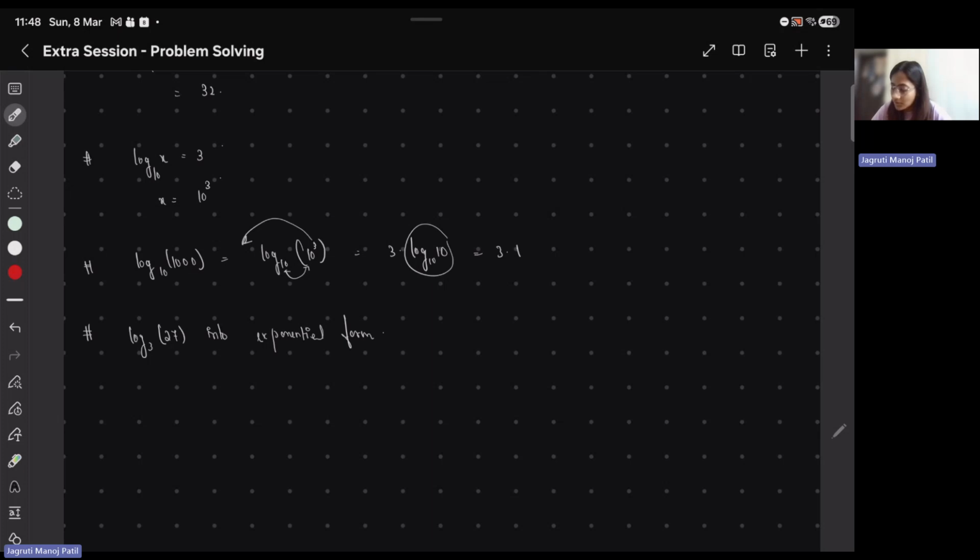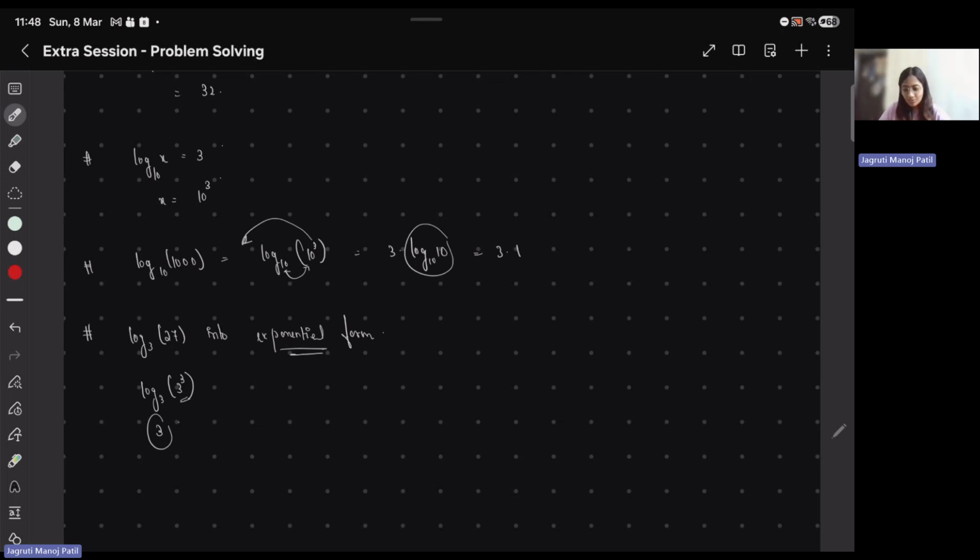How would it be? Here, this is 3 and this 27 is nothing but 3 to the power of what? 3 times 3 is 9, 9 times 3 is 27. So this is 3 power 3. So the answer that you get outside is 3. So this is the exponential format that we have converted it to.